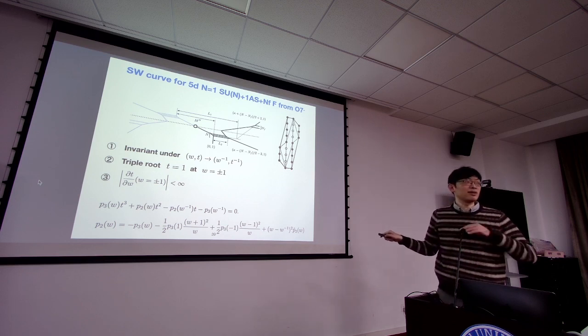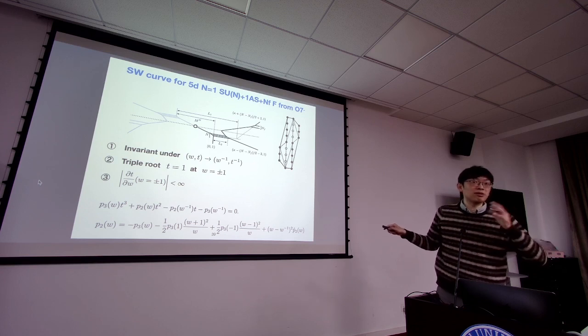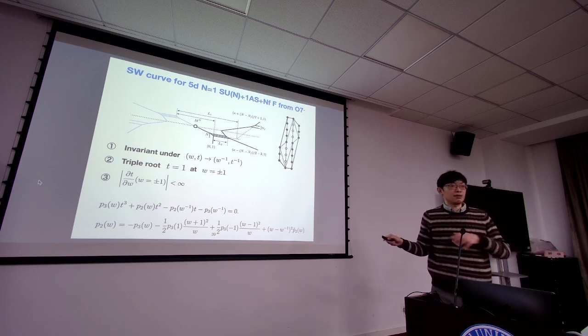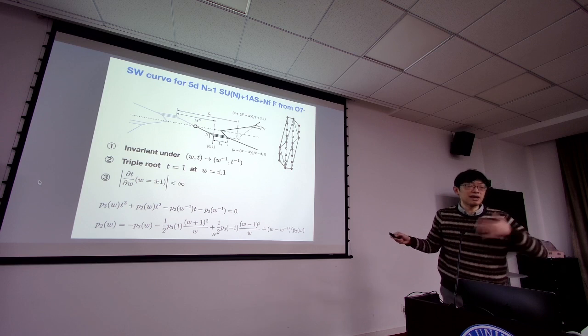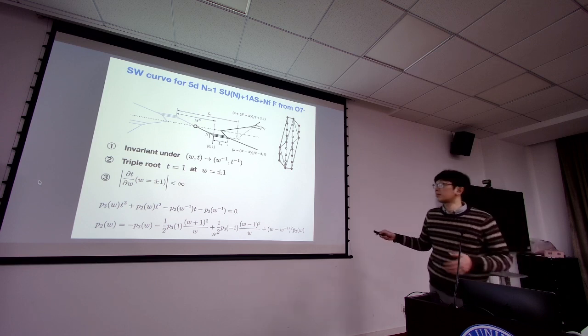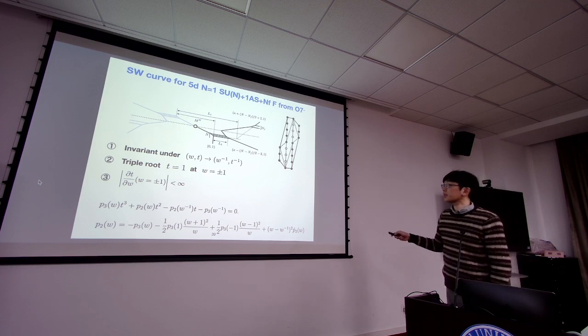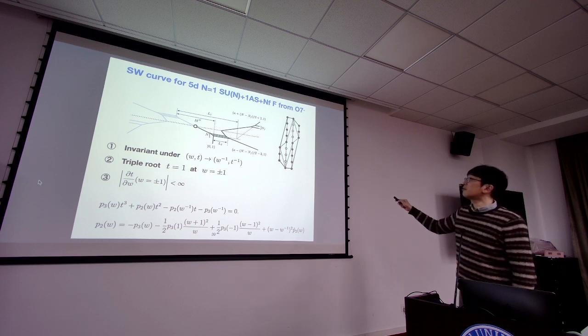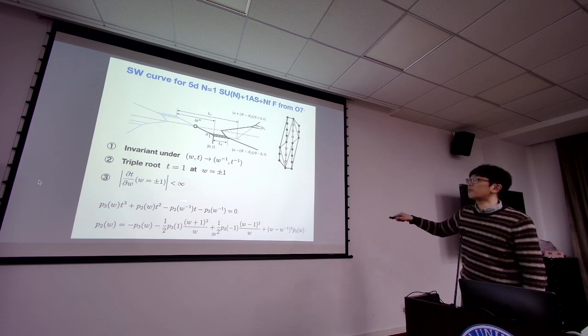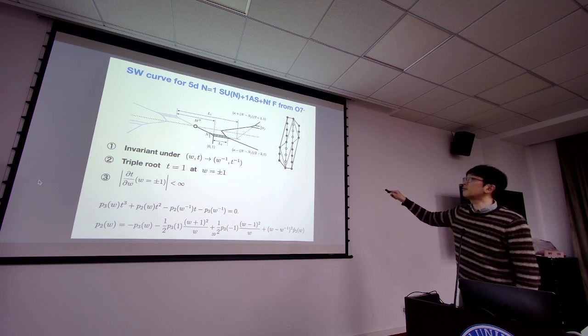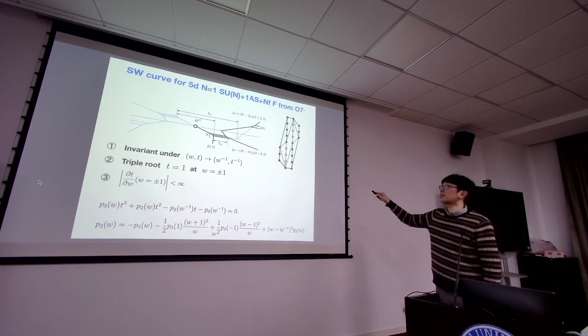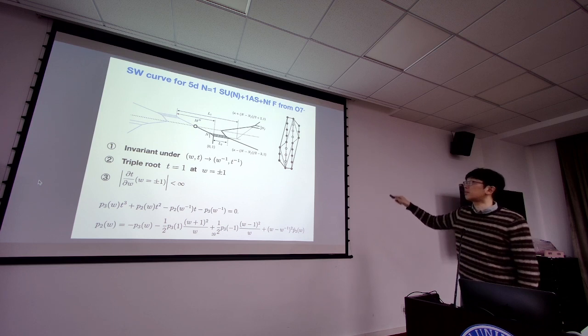So there is some small generalization and small correction compared to the previous one when we generalize to a slightly more complicated case, but the idea is more or less the same. If we use O7 minus, we can also compute the Seiberg-Witten curve for SU(N) with hypermultiplet in the antisymmetric tensor representation and flavor.